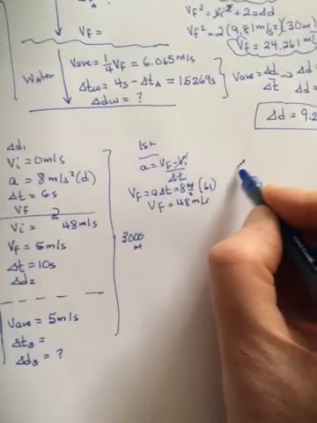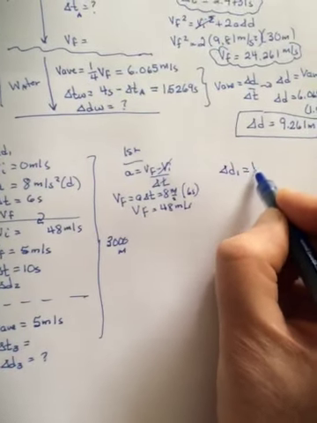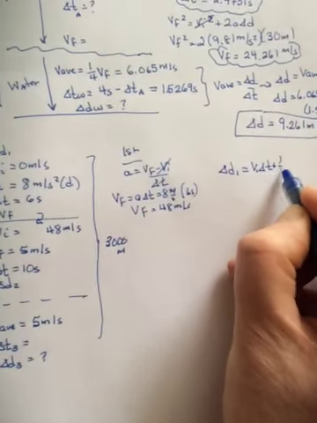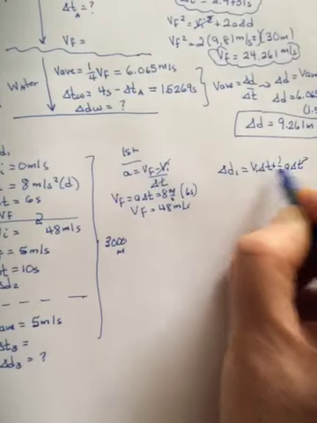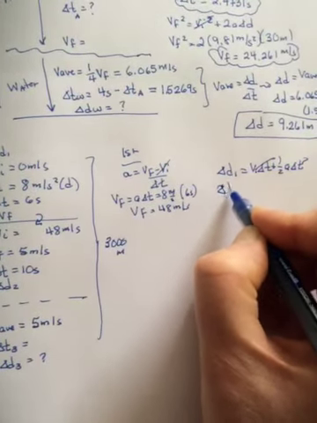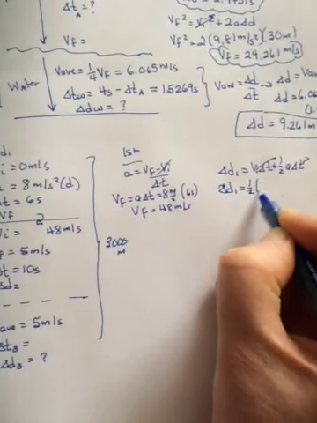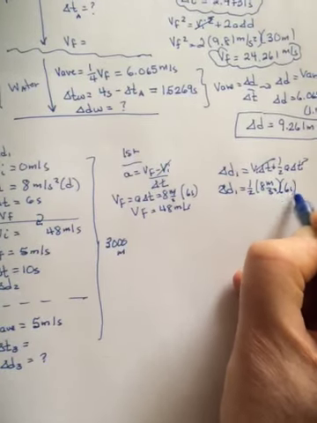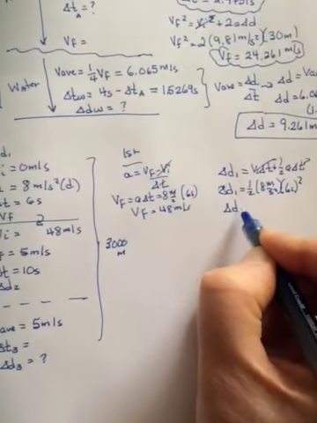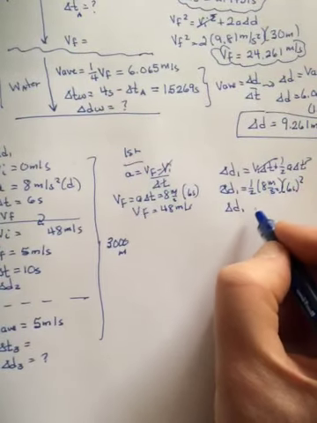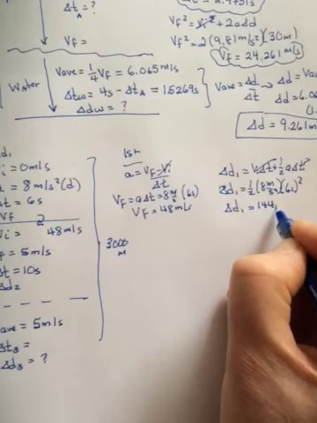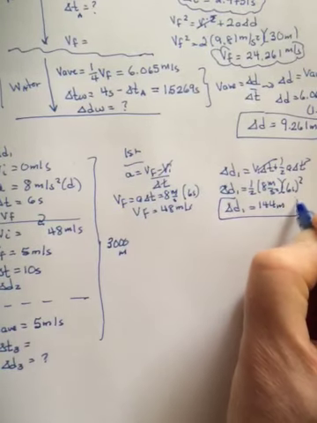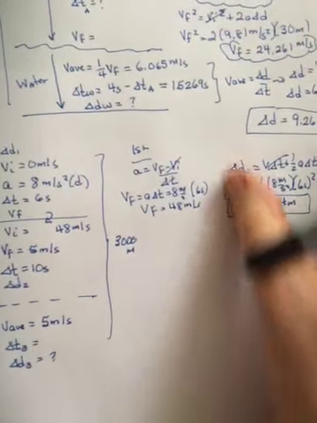Now the delta D1 would be VI delta T plus 1/2 A delta T squared. This will go to 0. Delta D1 then is 1/2 of 8 meters per second squared times 6 seconds squared. Delta D1 is 36 times 4, 144 meters. This one we will use eventually to get our delta D3.